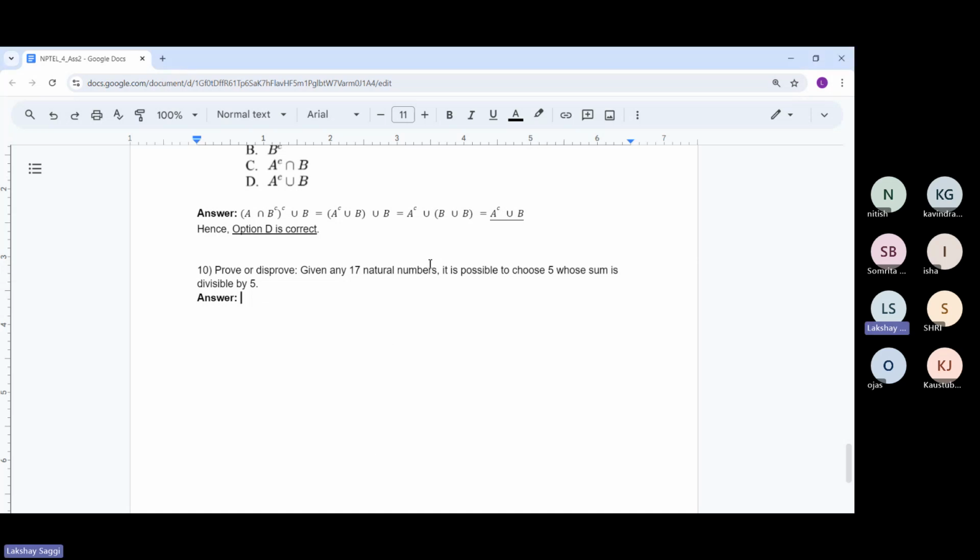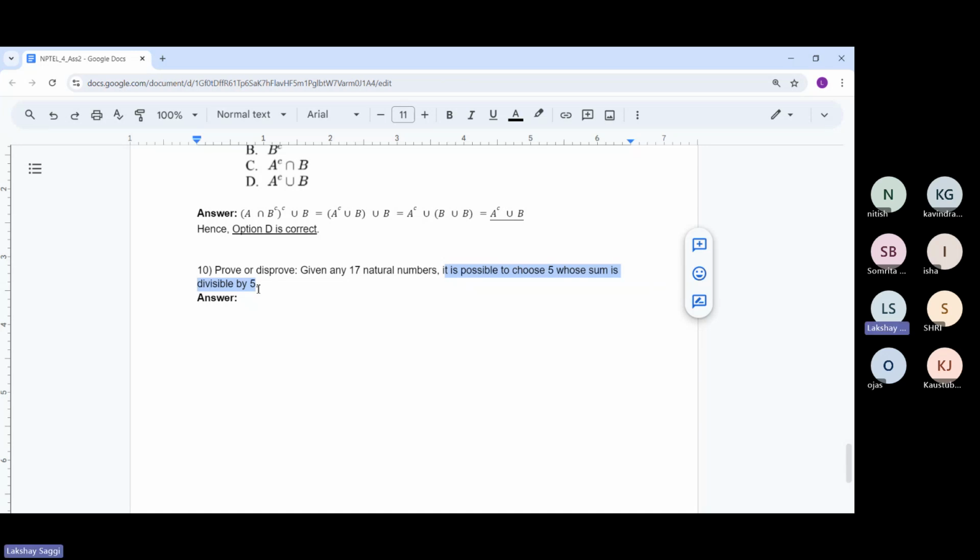The question is actually saying that given any 17 numbers, it is possible to choose 5 whose sum is divisible by 5. So the choosing is arbitrary.